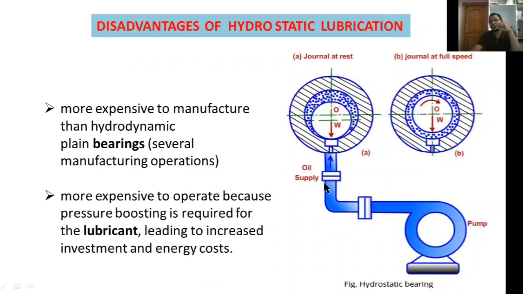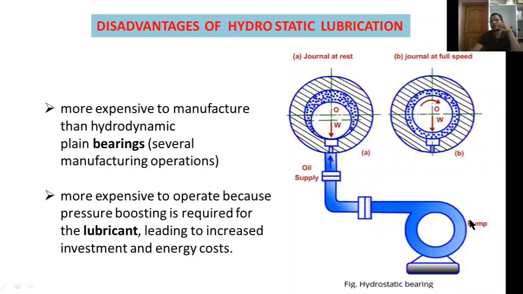It is also more expensive to operate because pressure boosting is required for the lubricant, leading to increased investment in energy cost. So this is the pressure boosting system or pump.